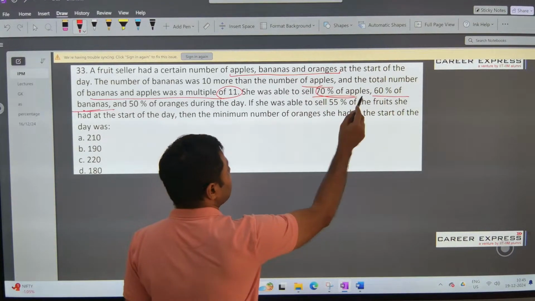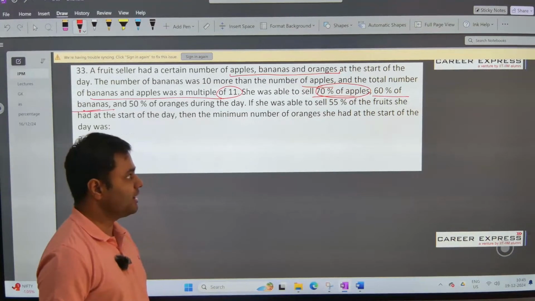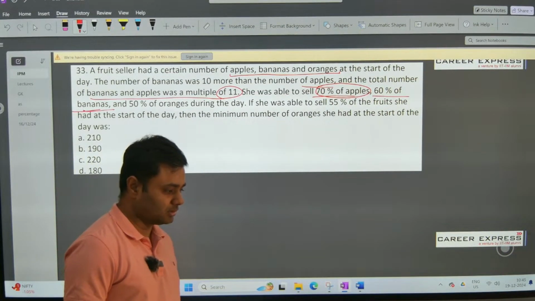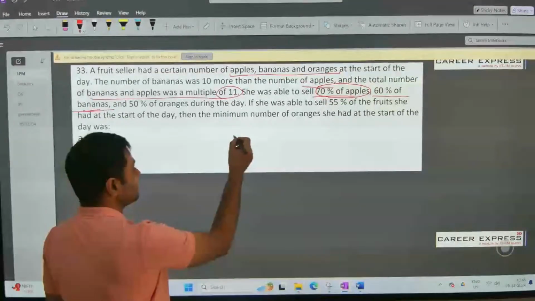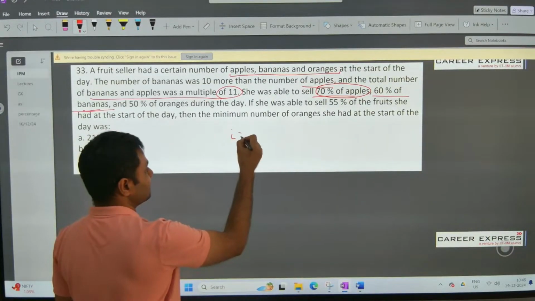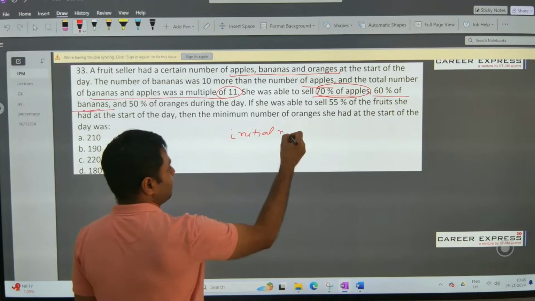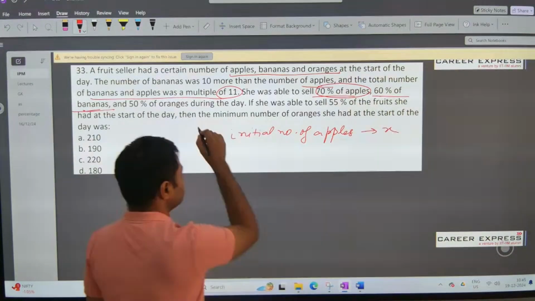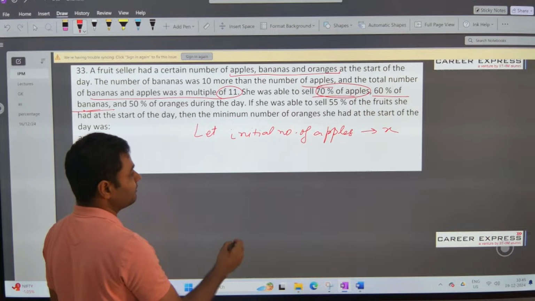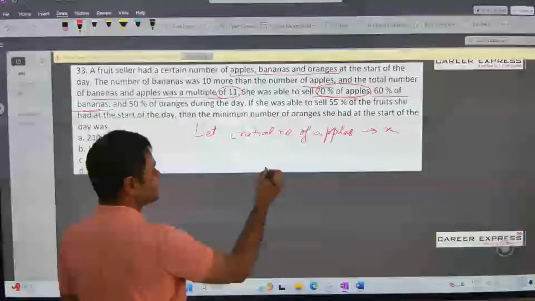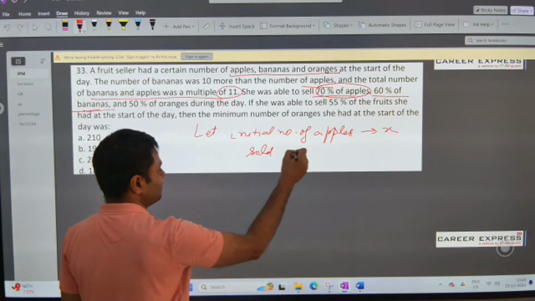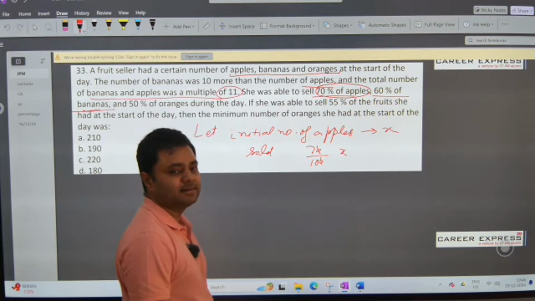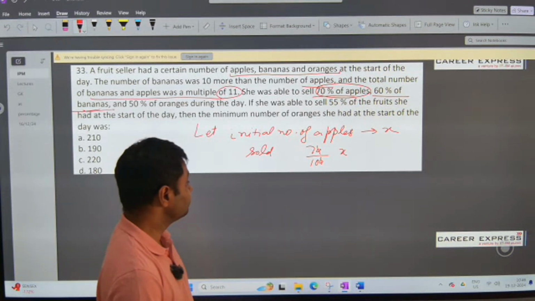So 70% of apples, if I assume the initial number of apples to be x, she was able to sell 70% of them. So she sold how much? 70% of x, so 7 by 10 times x, right?